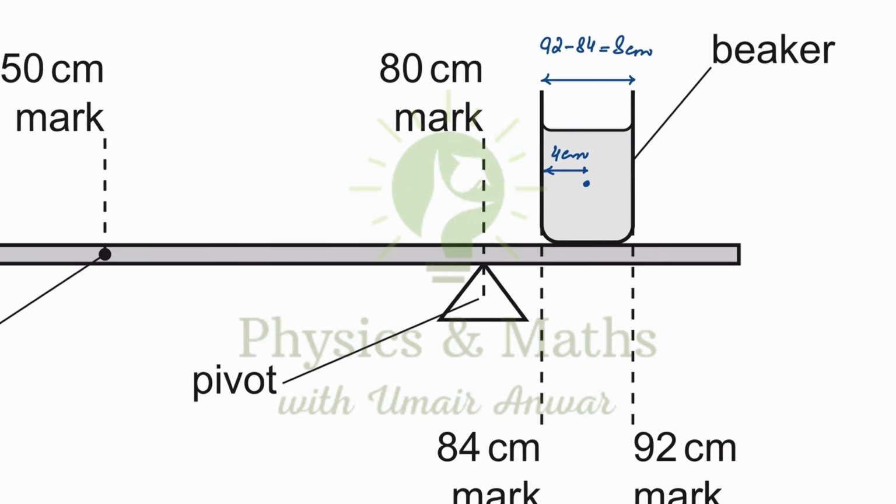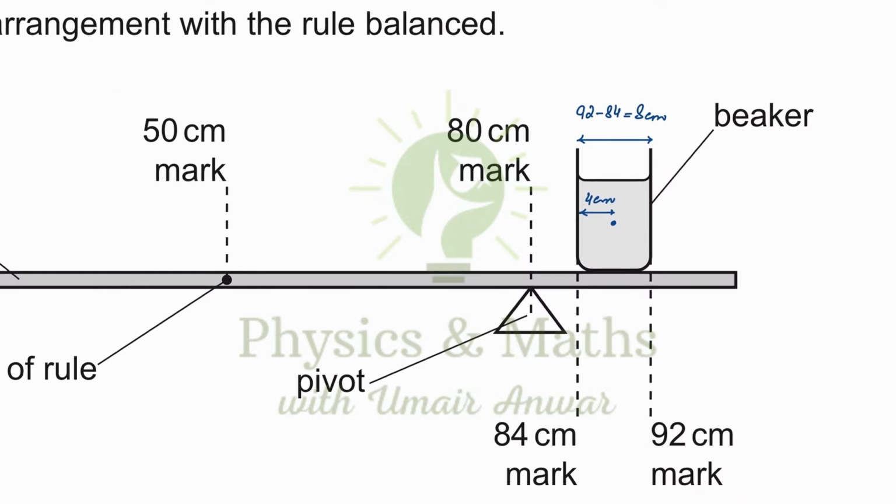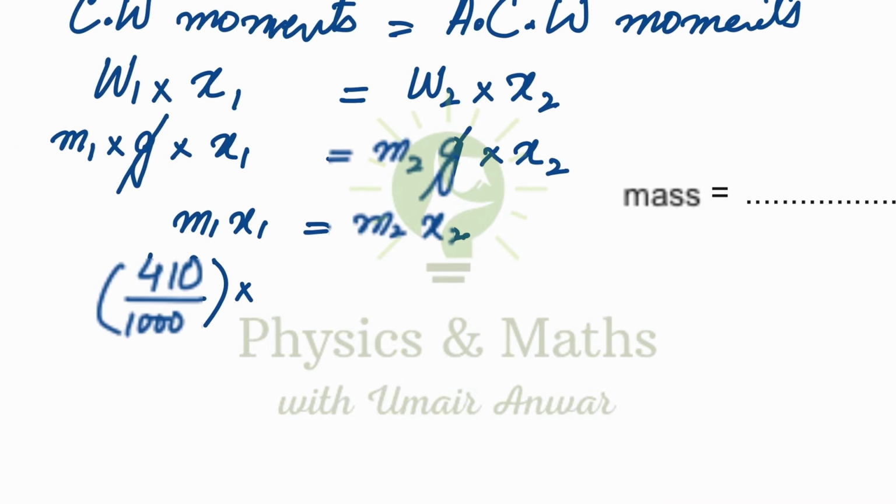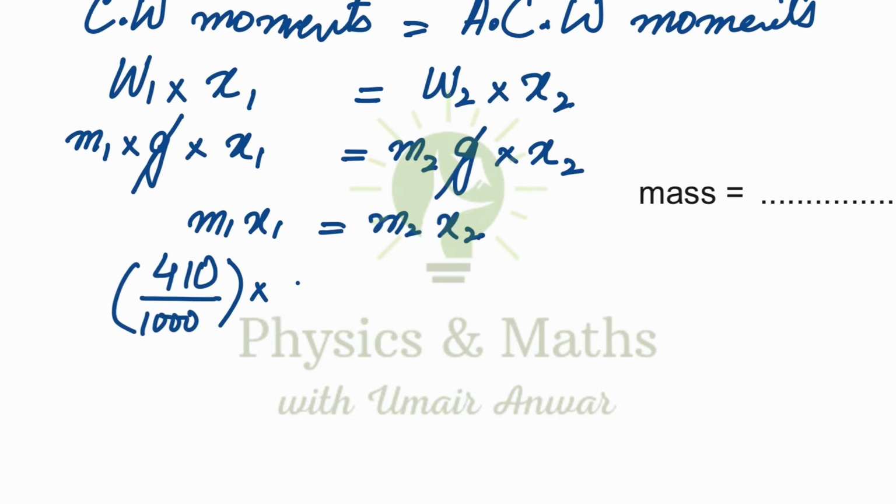Since the pivot is at the 80 centimeter mark, it is 4 centimeters till this side of the beaker, and further 4 till the center of mass of the beaker. So the total distance from the pivot is 8 centimeters. So I'm replacing it here as 8 centimeters.